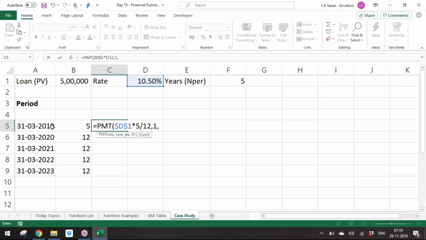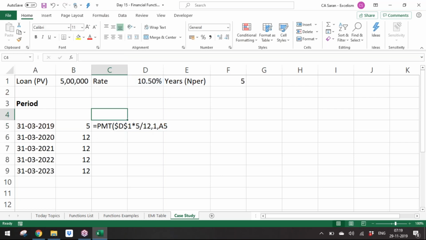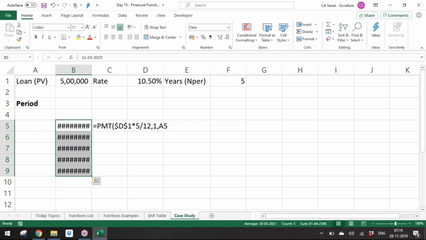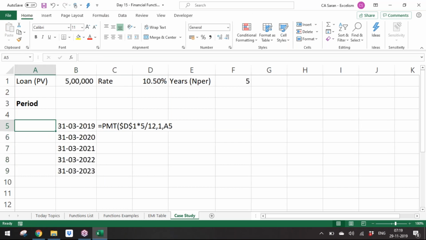No, I'm just trying to see. For the first month, there is no reference to the month, so that's the reason I have not taken it. Otherwise, what you are suggesting is that I take the starting period. Now let's put this. Okay, this is the starting period, 1st November 2018 or 19.